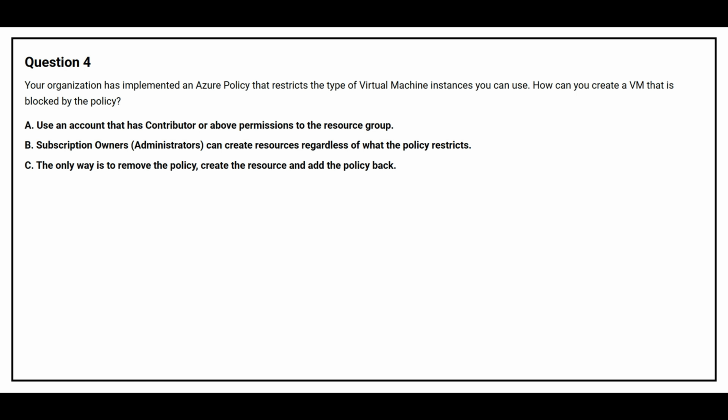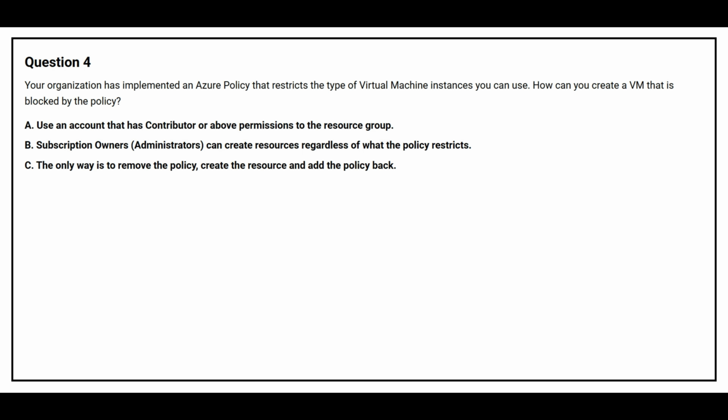Question number 4. Your organization has implemented an Azure policy that restricts the type of virtual machine instances you can use. How can you create a VM that is blocked by the policy? Option A. Use an account that has contributor or above permission to the resource group.